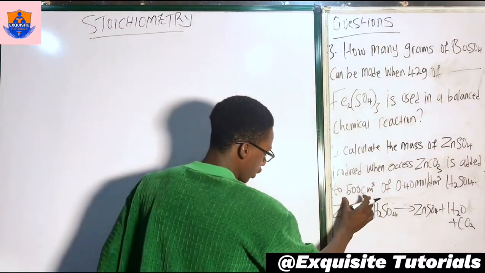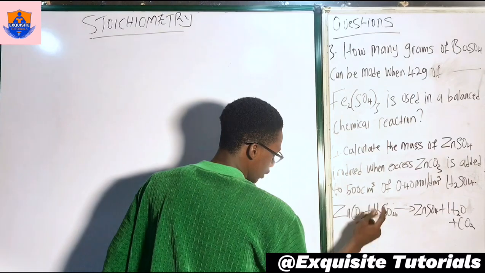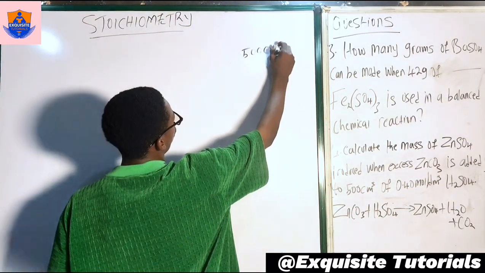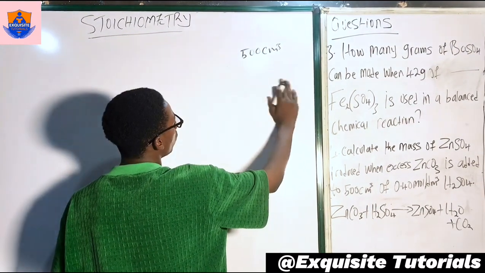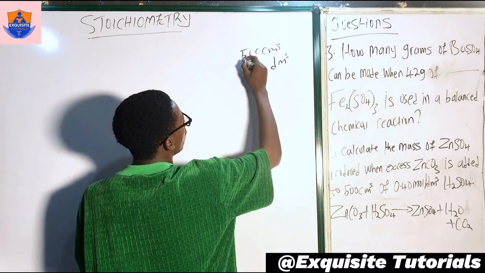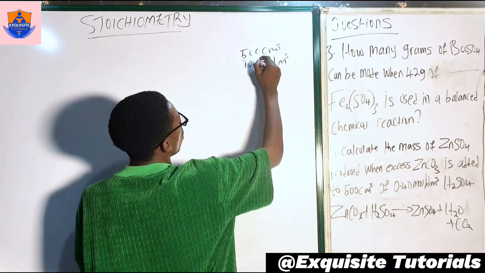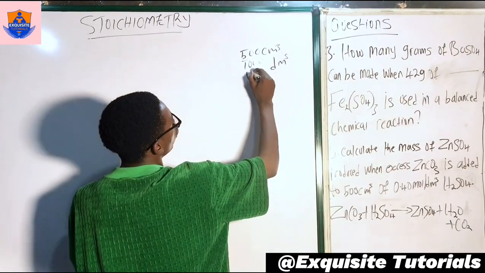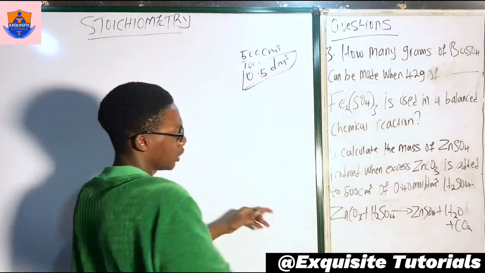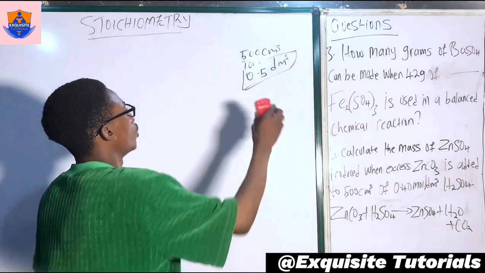First of all, let's check this. This is 500 cm cube. So remember I told you our volume should always be kept in dm cube. So what do we do? Divide it by 1000. So we get 0.5 dm cube.